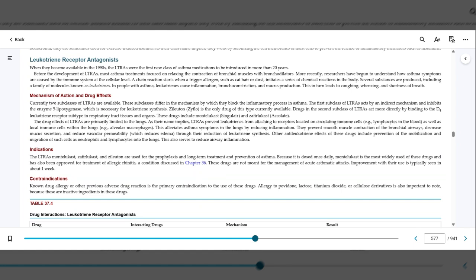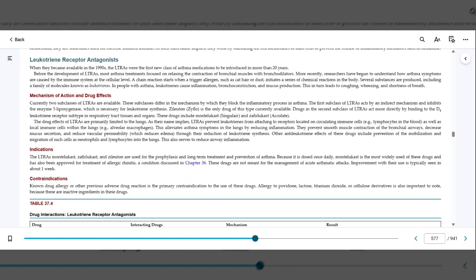These drugs are indicated for prophylaxis and long-term treatment for the prevention of asthma. They're used with once daily dosing. Improvements are usually seen within a week of taking this medication, and they are not used for acute asthmatic attacks.